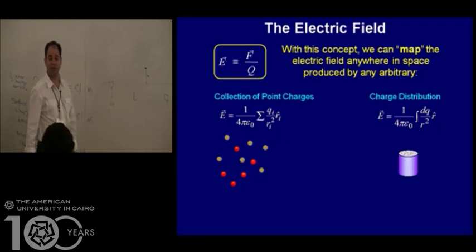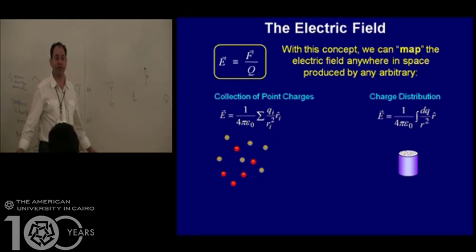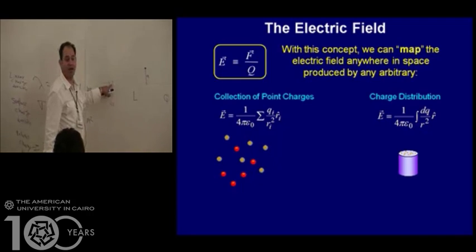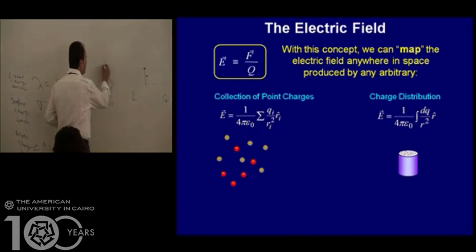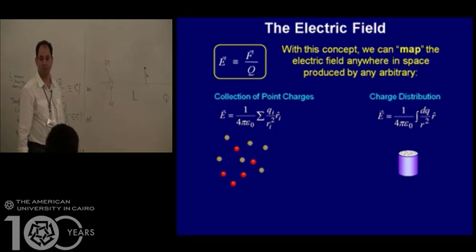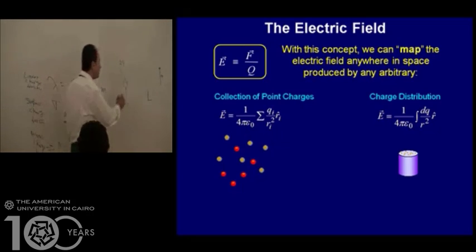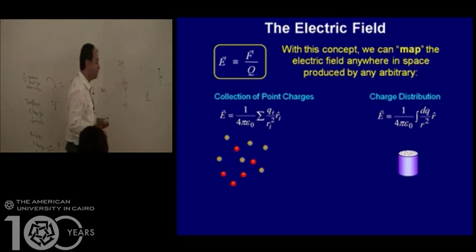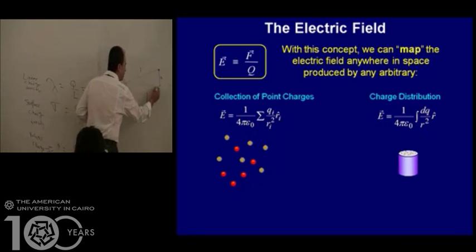How much charge do we have in here? I'm going to call it dq. And that distance, I'm going to call it r. That distance from the zero point, I'm going to call it x.